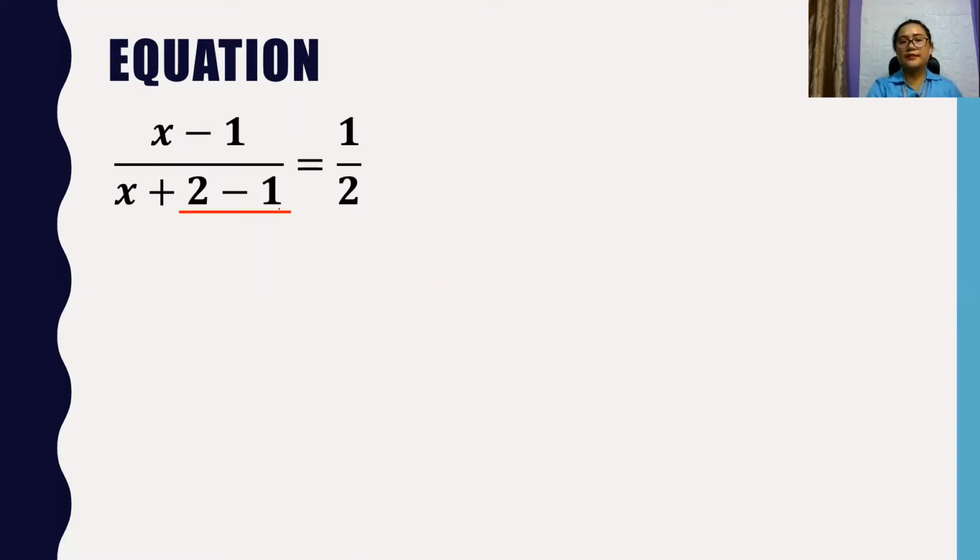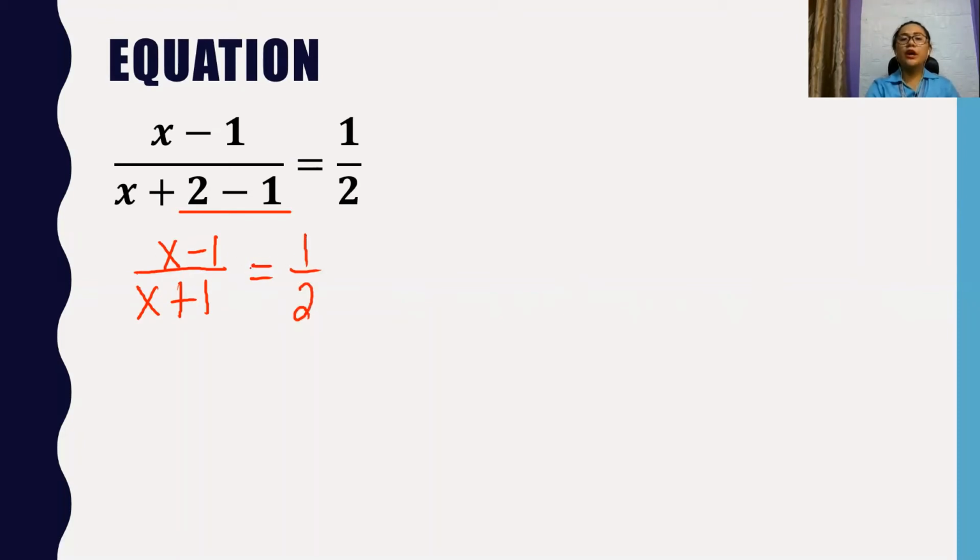So, since we can still combine 2 and 1 here sa denominator, kasi constant sila, we are going to start with that. So, x minus 1 over x plus 2 minus 1, that means x plus 1 na lang. 1 yung naiwan is equal to 1/2.